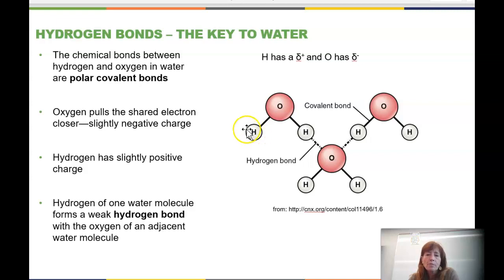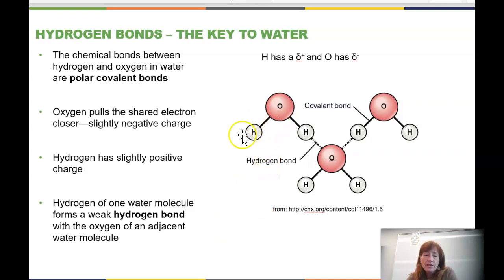In other words, the electron is hanging out closer to oxygen, and therefore oxygen is going to have more of a negative charge.